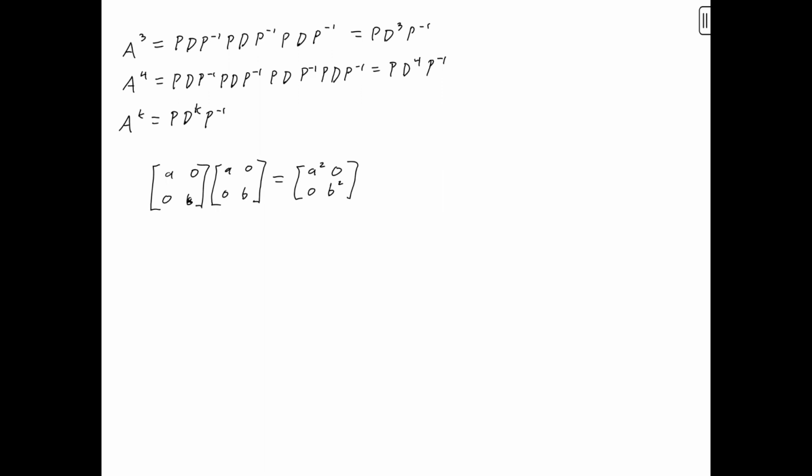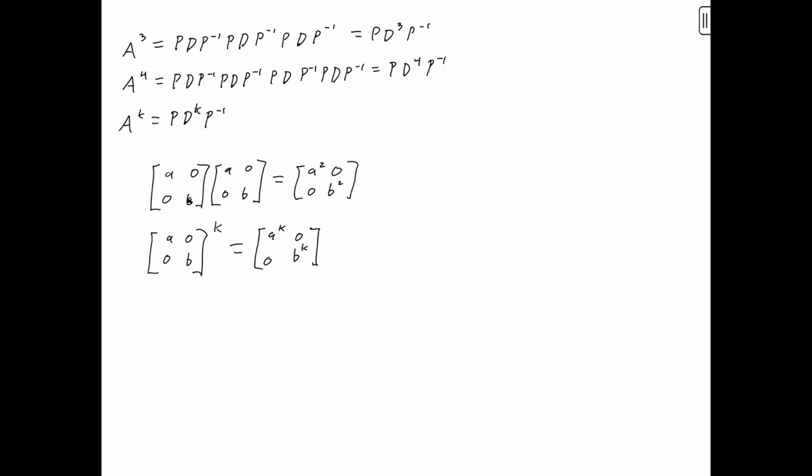And in fact, that happens for any power that I go. So if I take A, 0, 0, B and raise it to the kth power, this is just equal to A to the k, 0, 0, B to the k. So it is easy to raise diagonal matrices to high powers.